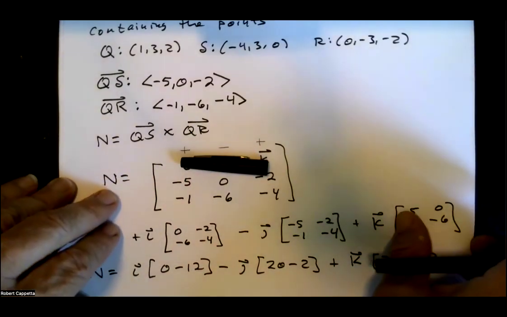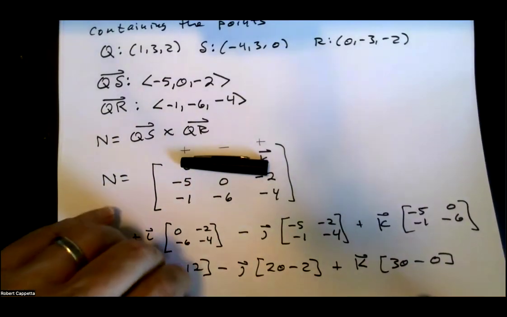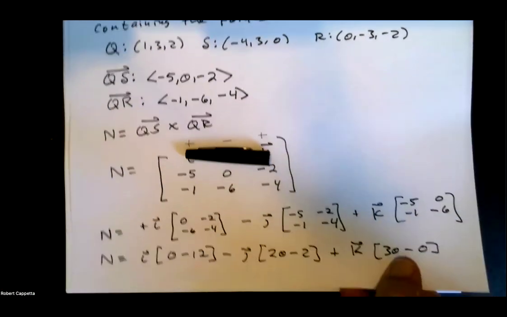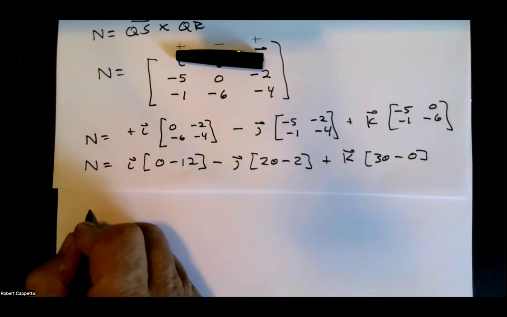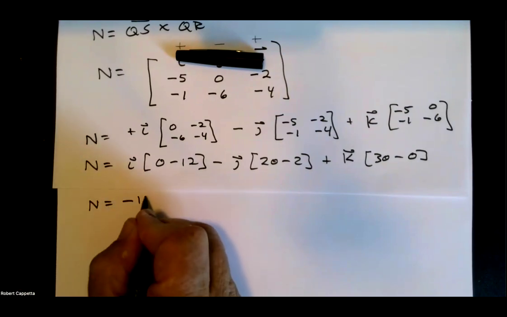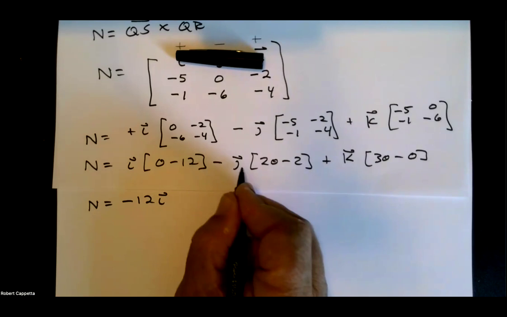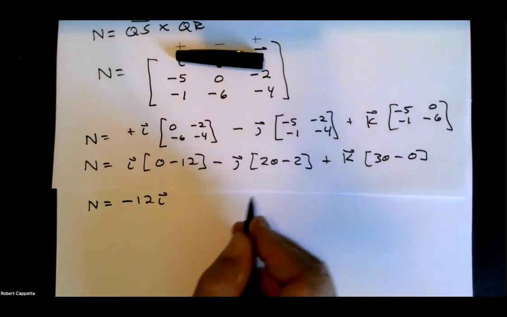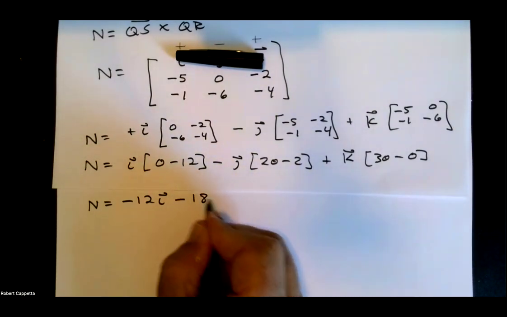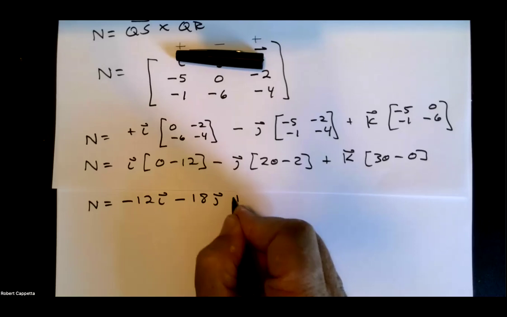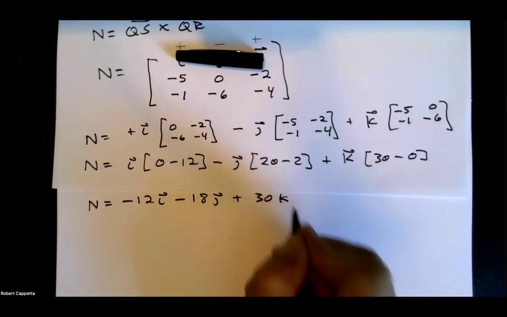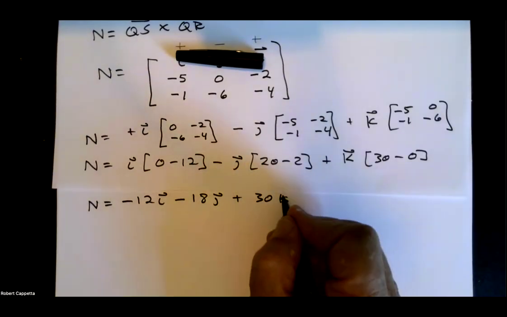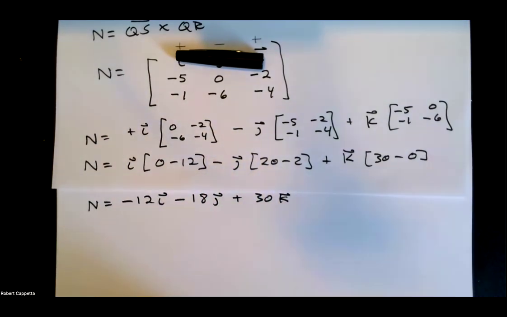So where does that put us? So we get n equals negative 12i minus j times 18, so it'd be minus 18j, plus 30k. So my normal vector is negative 12, negative 18, 30.